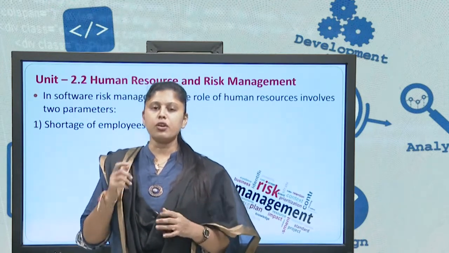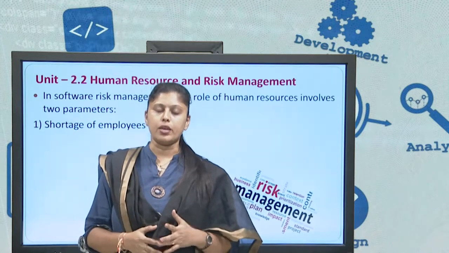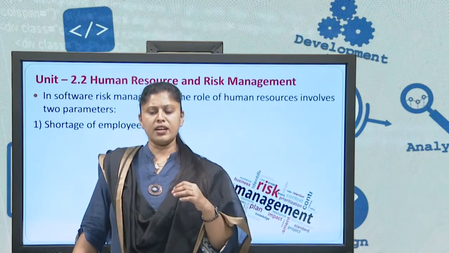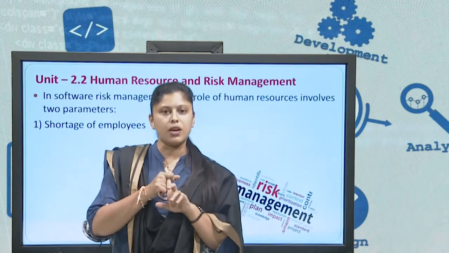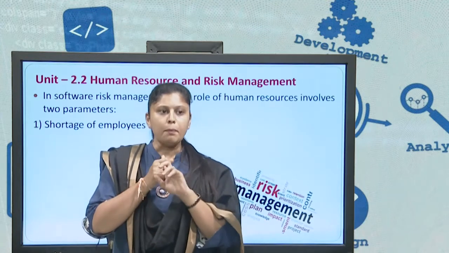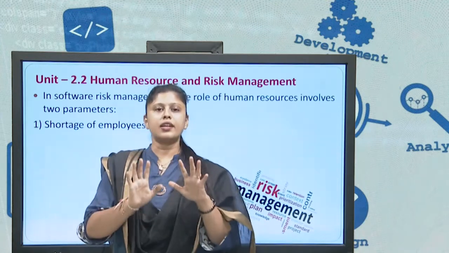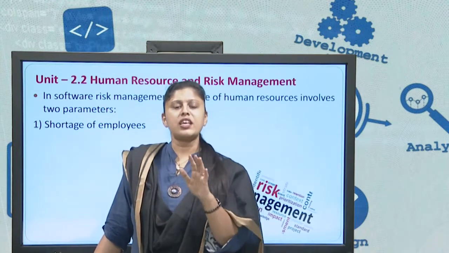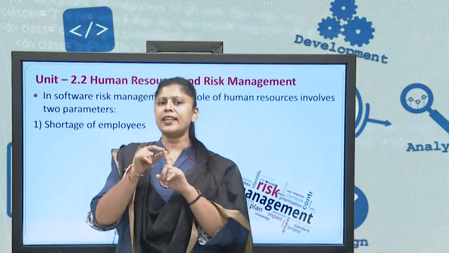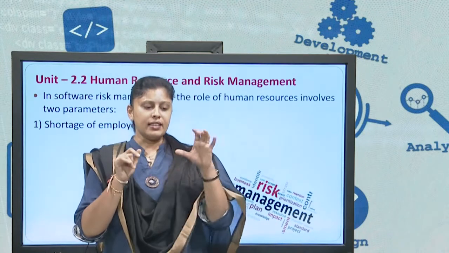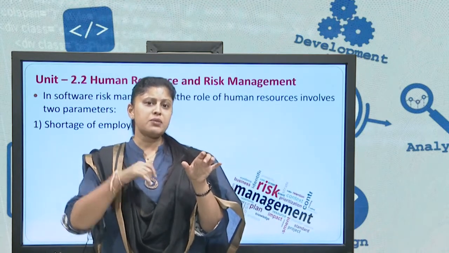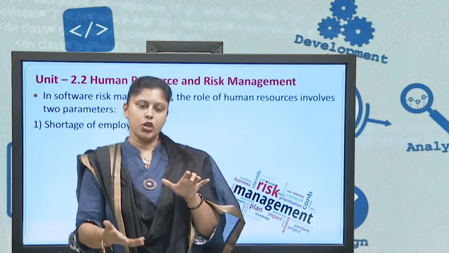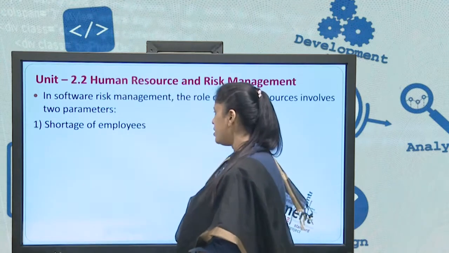Let us say we have task X to complete. To complete that task, you require 100 employees, but your company has only 75 employees to work on task X. Then that shortage of 25 employees might lead to certain risk. So first is shortage of employees.